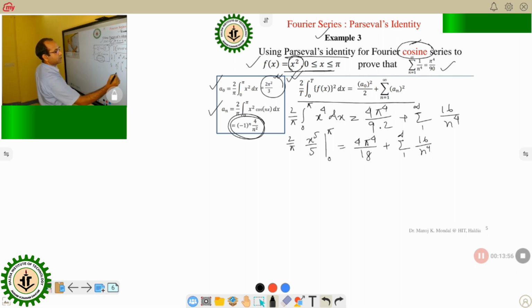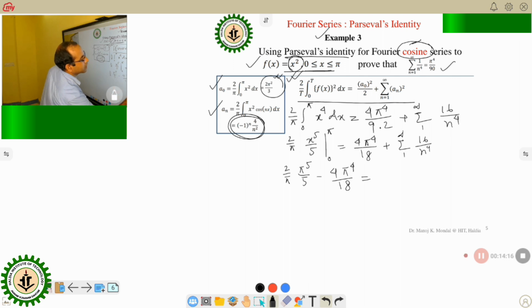When we put in the limits, its value will be 2 by pi, pi to the power 5 by 5, minus 4 pi to the power 4 by 18, equal to the right hand side, summation 1 to infinity 16 by n to the power 4.